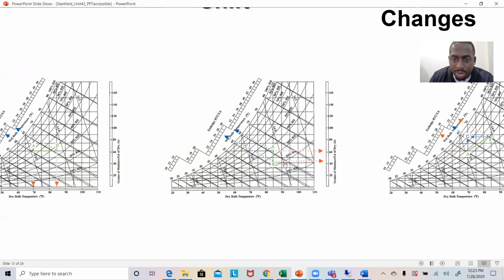Right here, the relative humidity would be 20%, and the grains of moisture would be close to 50. But if you go up to here, our relative humidity is now 30%, and the grains of moisture is a little above 60.